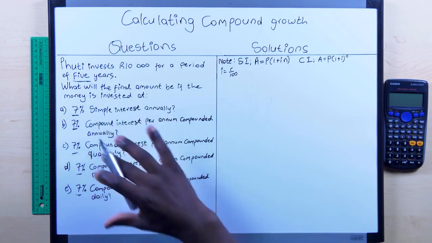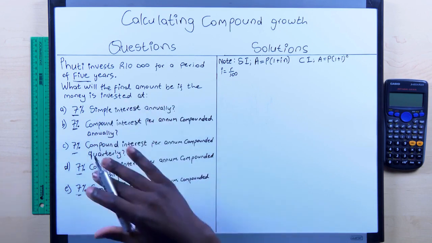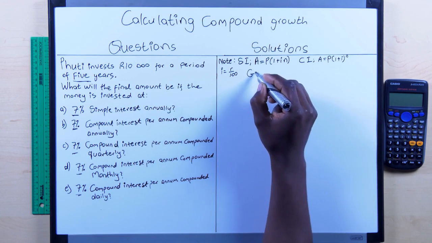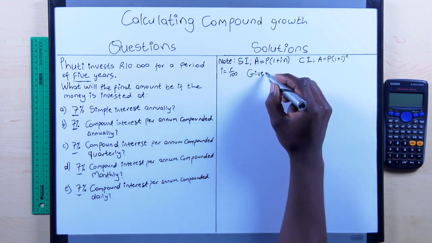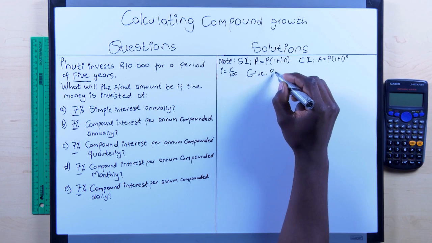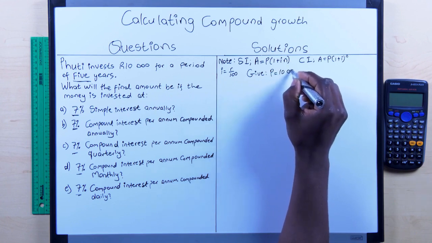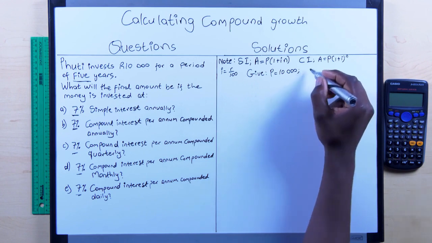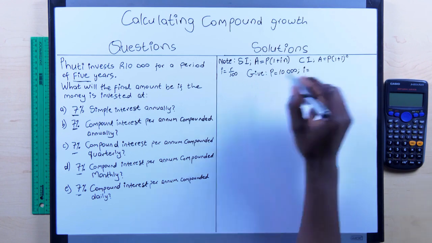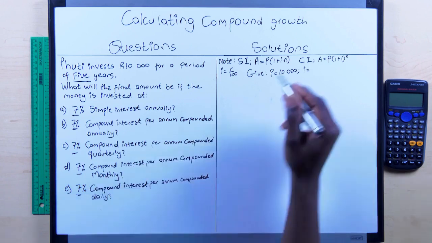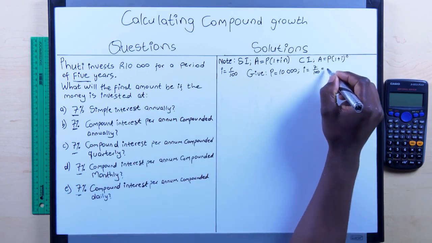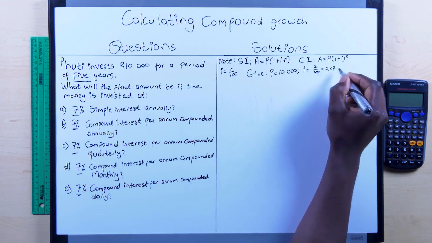Now, it is always important, before you solve a problem of this nature, to write down what you are given. So we are given P is equal to 10,000. We are given i is equal to, you can see 7% is all throughout, so it's going to be 7 over 100, which is equal to 0.07.